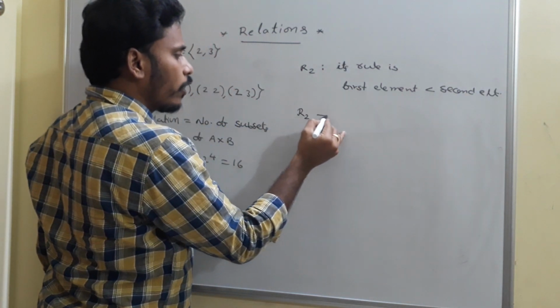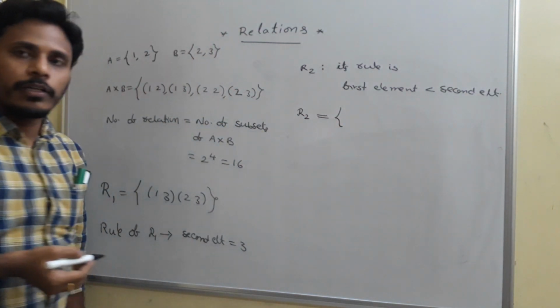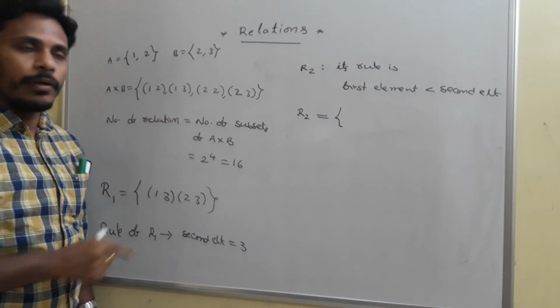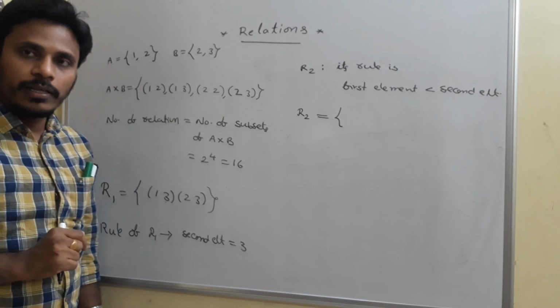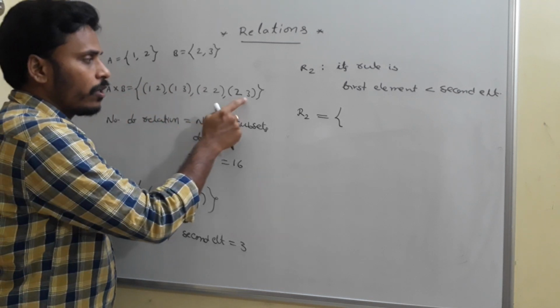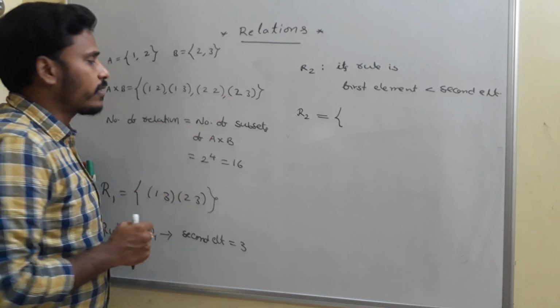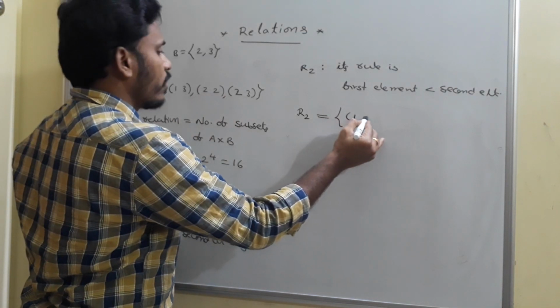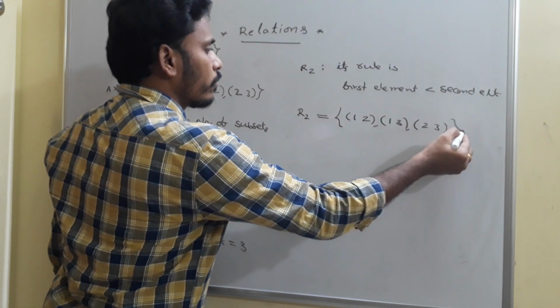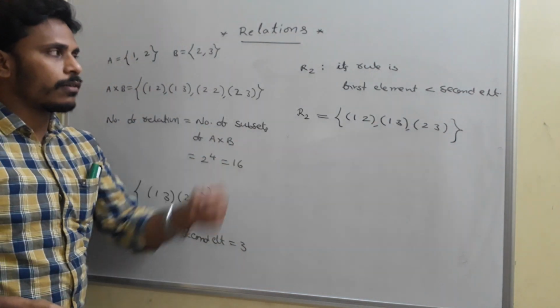Then you need to list the ordered pairs of R2. (1, 2): first element is less than second. (1, 3): yes. (2, 2): not satisfying the property. (2, 3): yes. So R2 is (1, 2), (1, 3) and (2, 3). Is it clear? That's the relation by the rule.